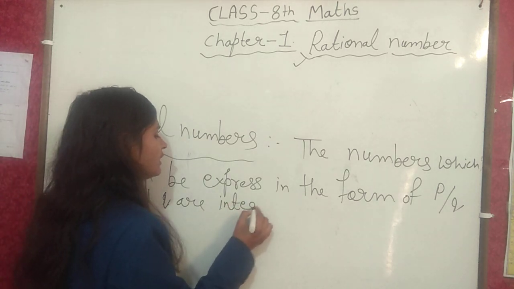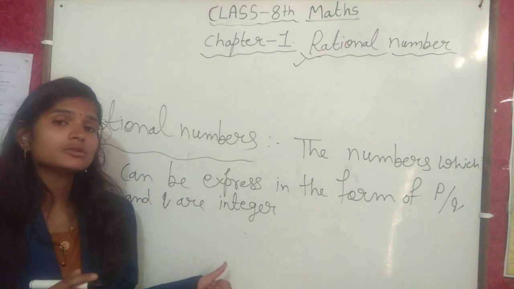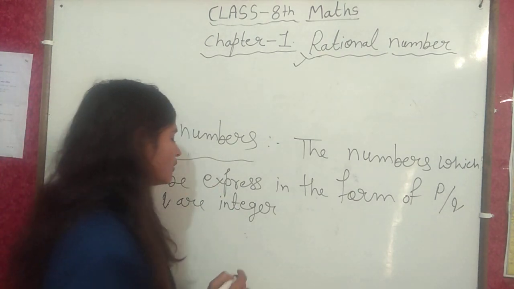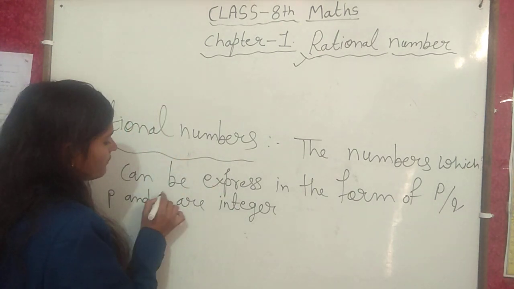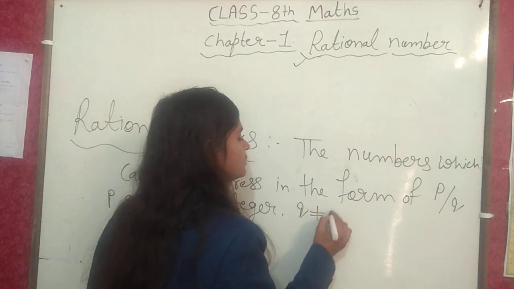It means we will take P and Q's values from the integers. That can be positive and negative, and that can be 0 also. But in rational numbers, Q is not equal to 0.